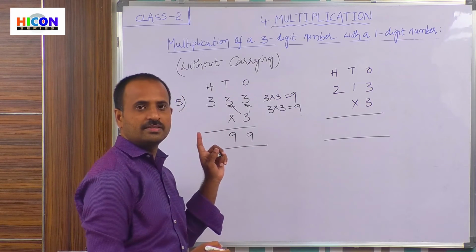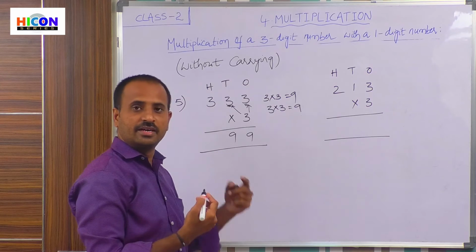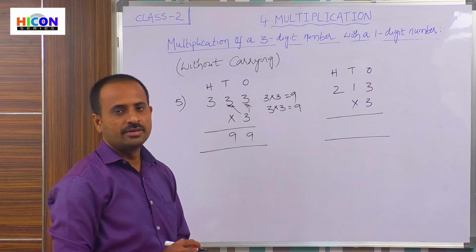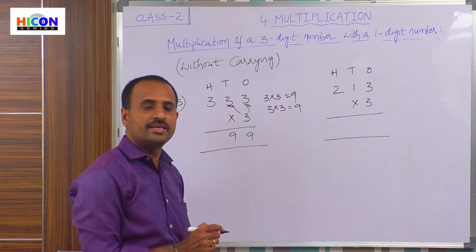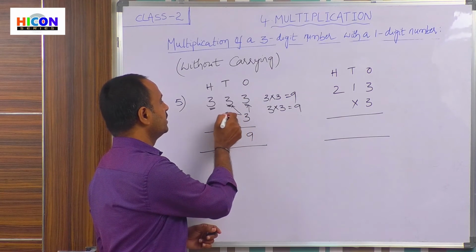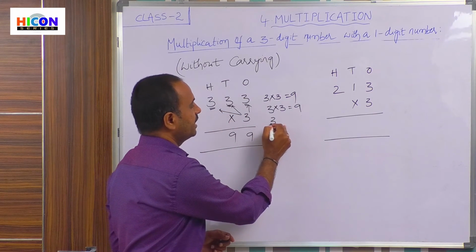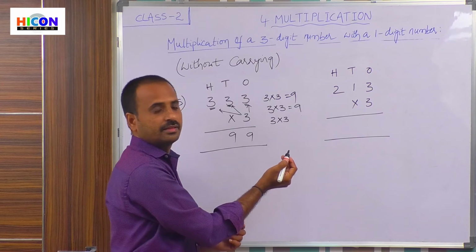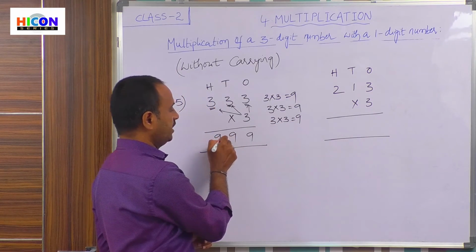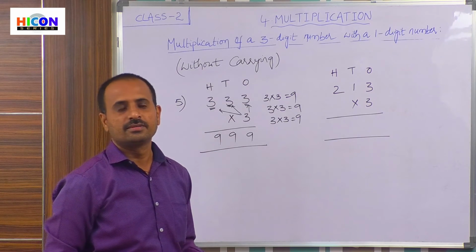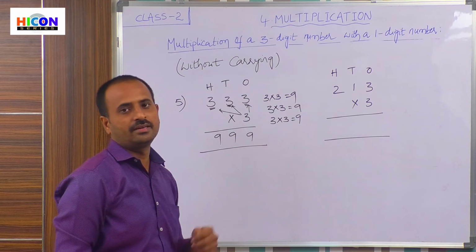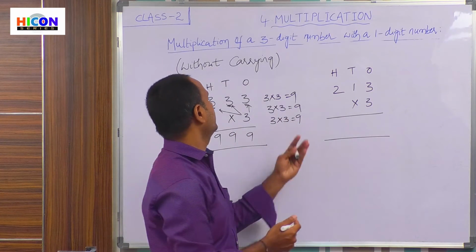Now go to hundreds place. Here also 3 is present in hundreds place. Multiply this 3 with 3, that is 3 threes are 9, and write this 9 under hundreds place. So children, the answer is 999.